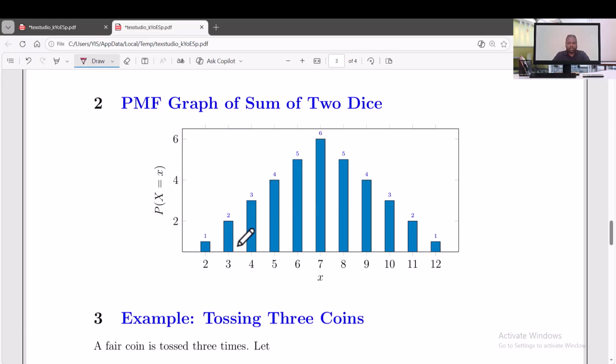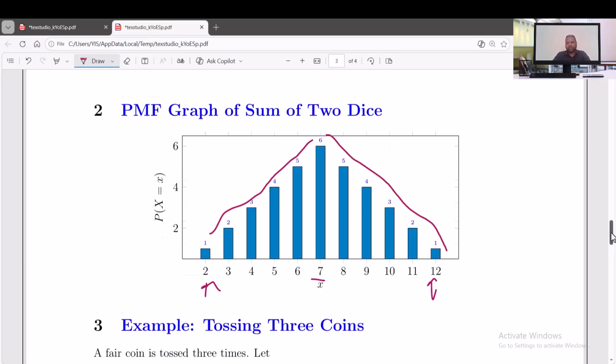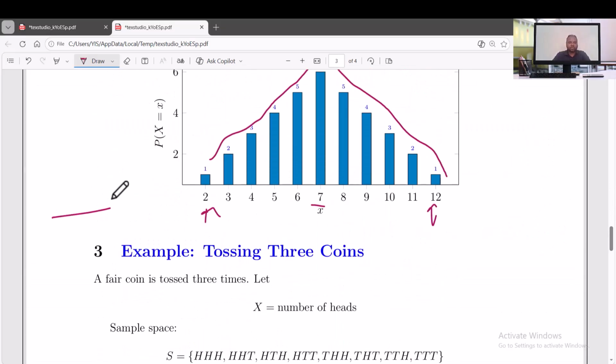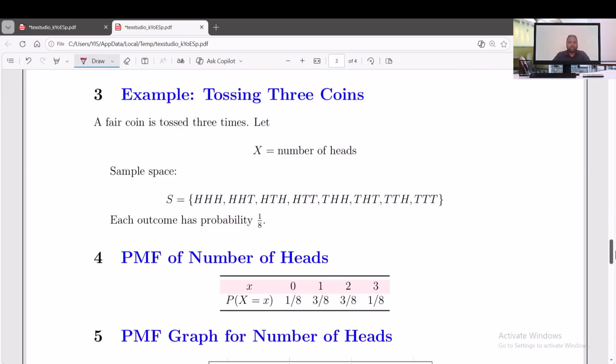This bar chart is symmetric by nature, where the maximum probability is at sum 7, and the minimum is at the lowest and the highest possible values of the random experiment. So this is symmetric, and the signal conveyed through this probability distribution is the same.